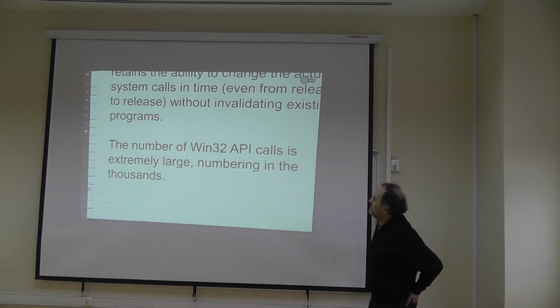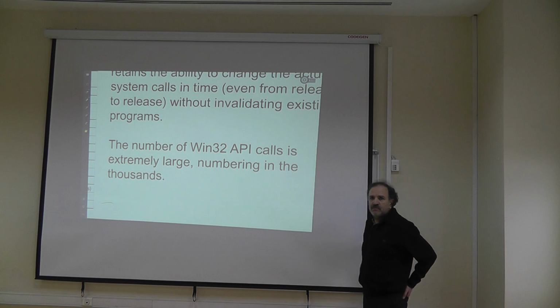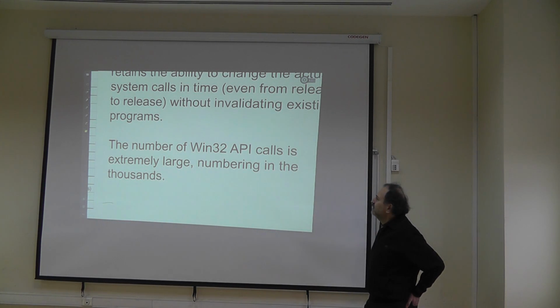There's another difference between POSIX calls and the Windows calls: the number of procedure calls. How many system calls are there in POSIX? Around 100, right? For the Windows API, we have thousands. There are many API calls, and most of them are related to windowing, the graphical user interface.